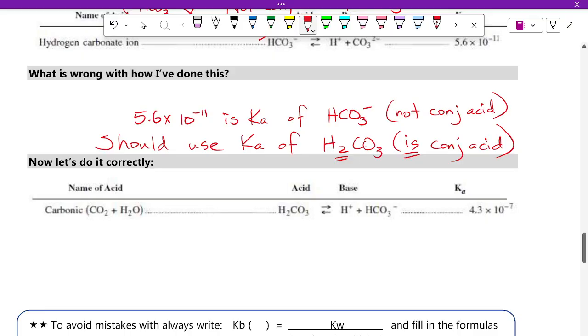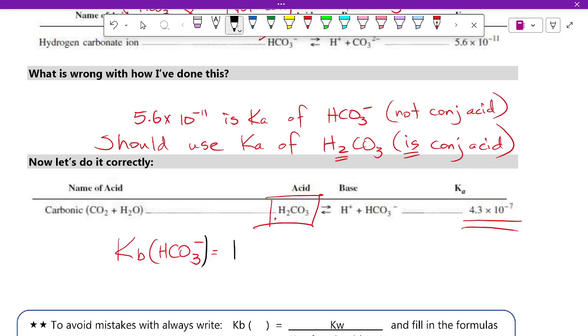So what we're going to do here is have H2CO3. There's its Ka. So Kb of HCO3 minus is equal to Kw over the Ka of H2CO3. You need to make sure that these two species are not the same.